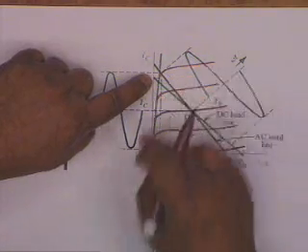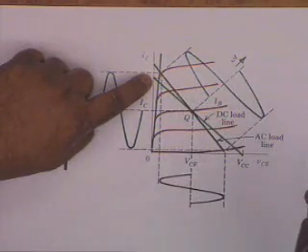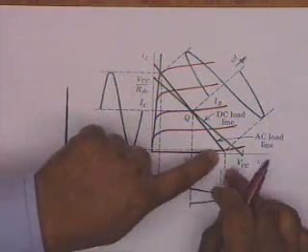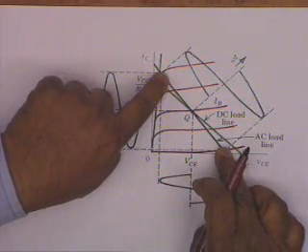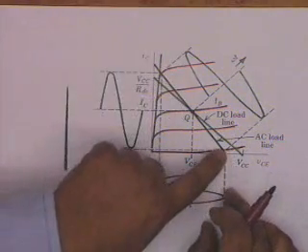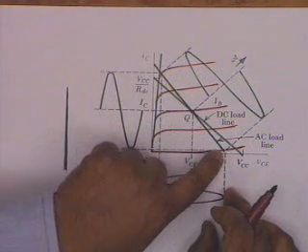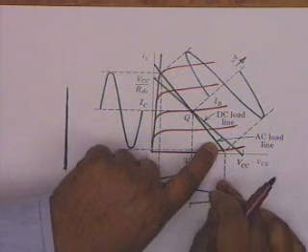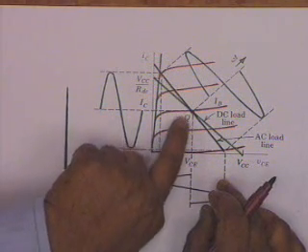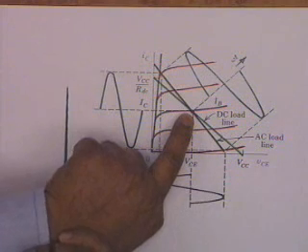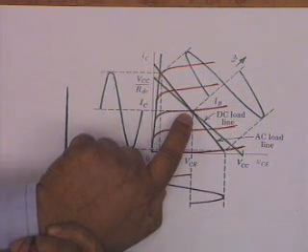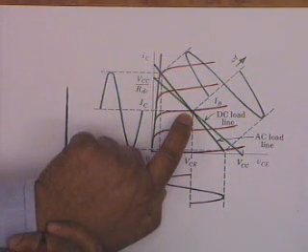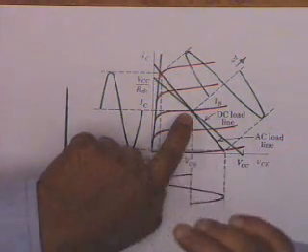The slope of this line is minus 1 over the load resistance, and therefore the AC load line is tilted in the clockwise direction. Therefore, this orange line is the AC load line, and we have shown that the AC load line also hinges at the same operating point, Q point. Why is it so? The AC load line must also satisfy.